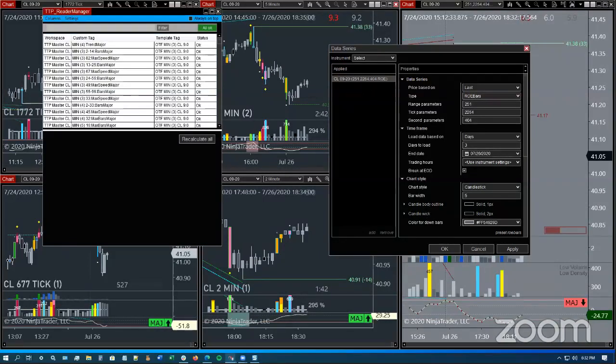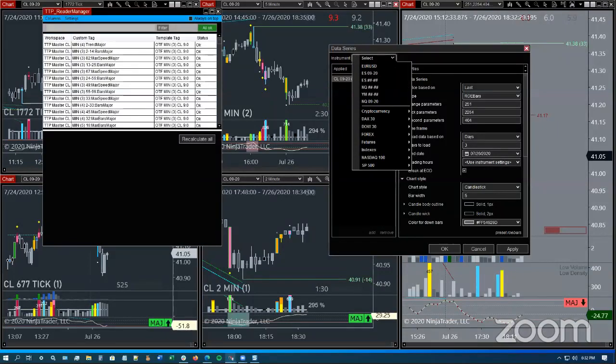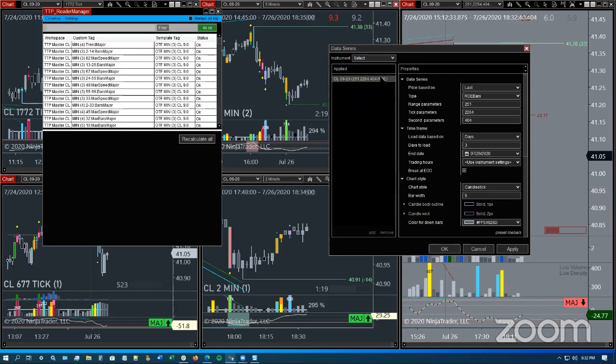So you could add the micro as another data series here, and you can simply just add it to the same panel. Let me see if I can just do that with another instrument. I'll just use the ES, for example.